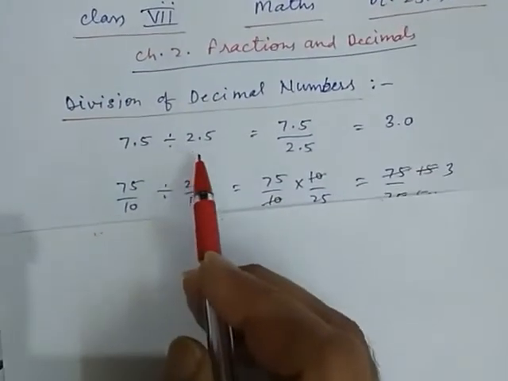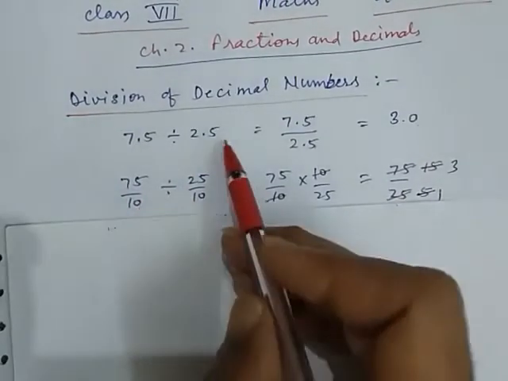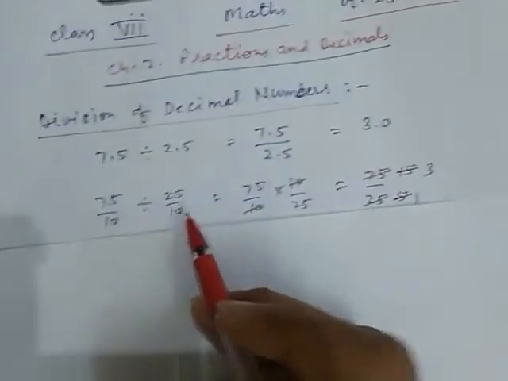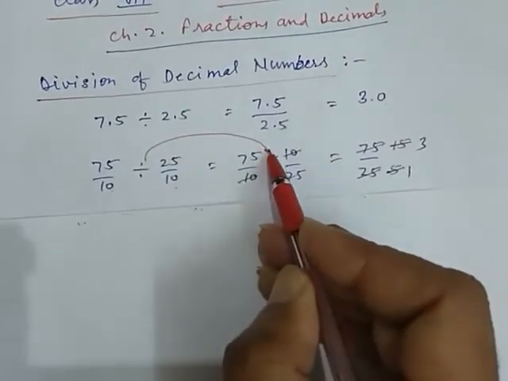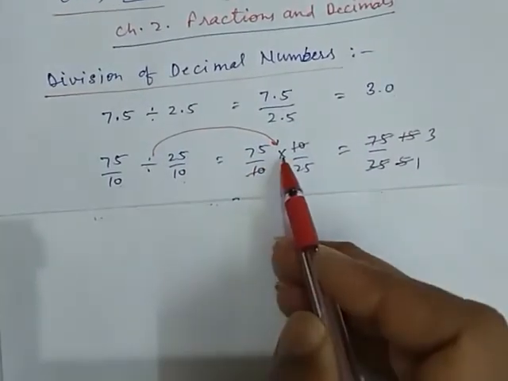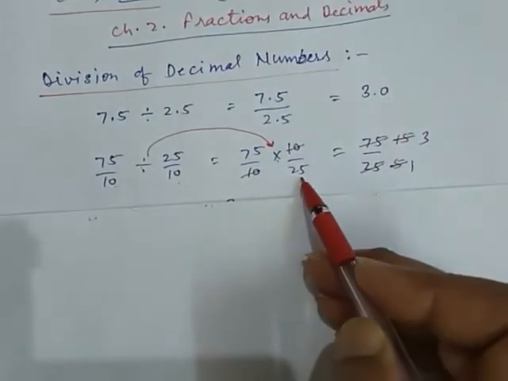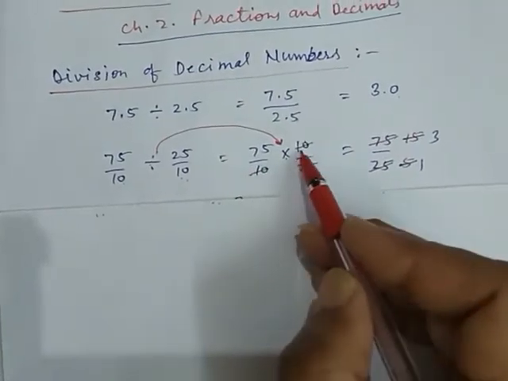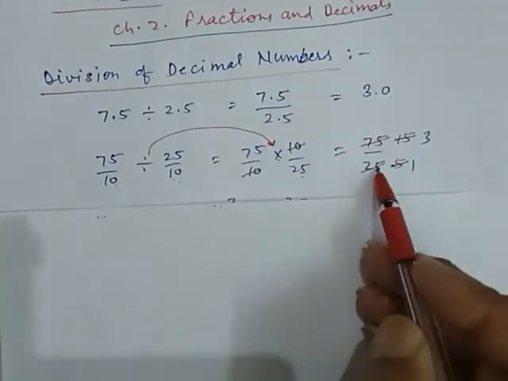So first we write 7.5 as 75 by 10, and we write 2.5 as 25 by 10. Now when we convert this division into multiplication, the number is inverted, 25 by 10 to 10 by 25. So this 10 cancels out by this 10, and it becomes 75 by 25.